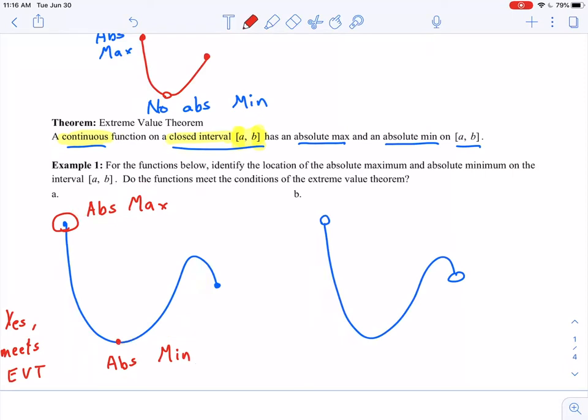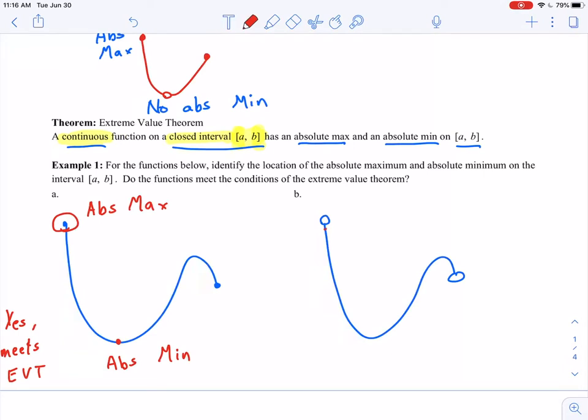So over here in B, I've drawn very much the same graph, a very similar graph, only this time we don't contain those endpoints. We're not containing the left or the right-hand endpoints. So what does that mean? Well, we said that this point right here was our absolute maximum. We're going to run into problems here because our function doesn't exist there.